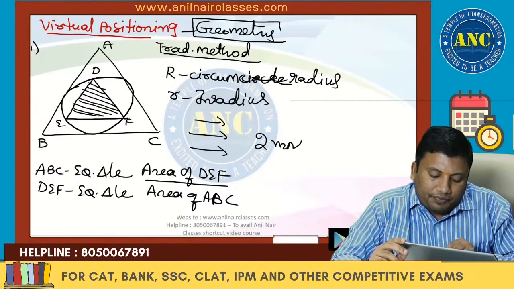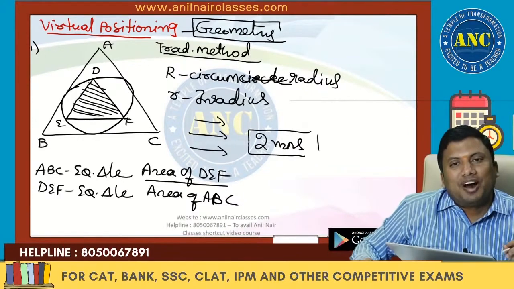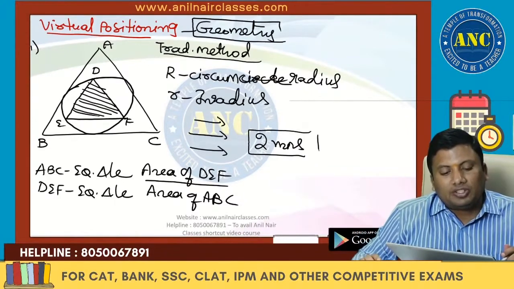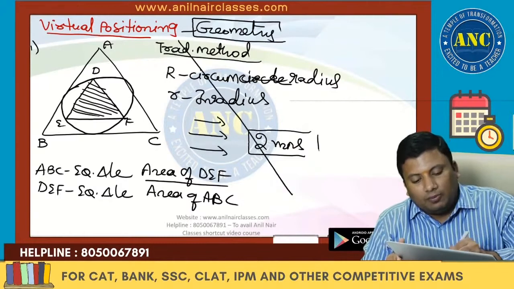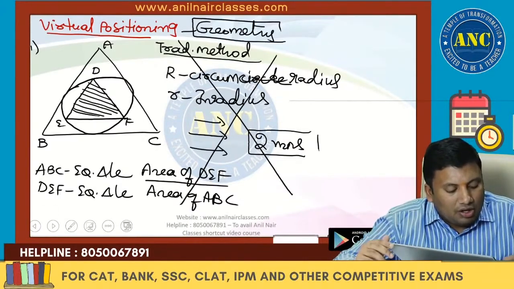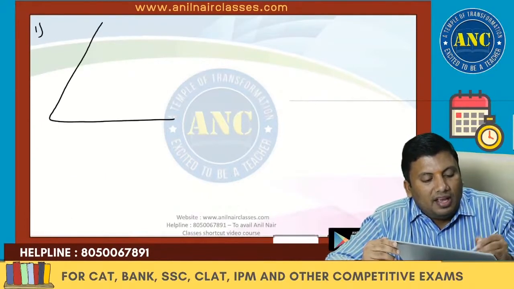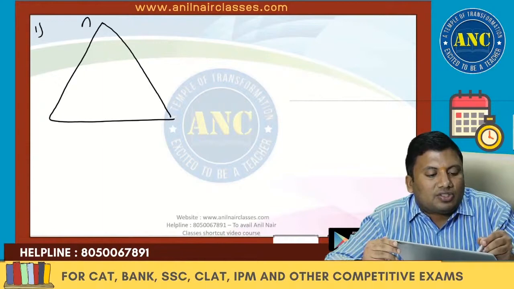Such an emotional happiness in solving the question using formulas. In 2 minutes you will solve the question. This is the most stupid way of solving this question, because you are not using your brain here. You are just using the formulas and solving it.